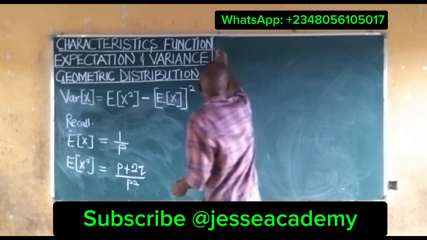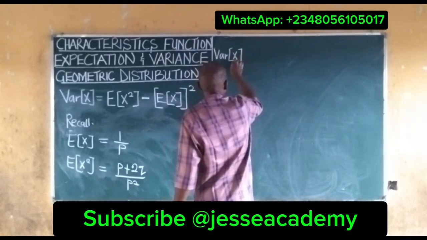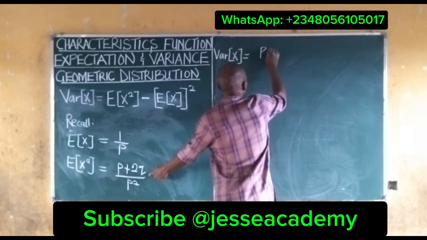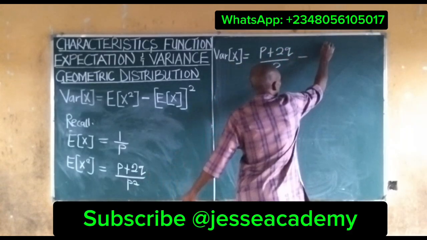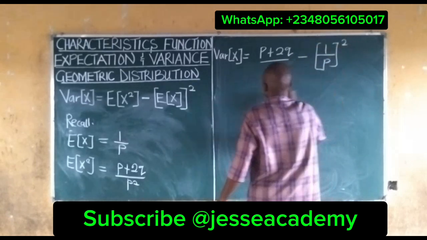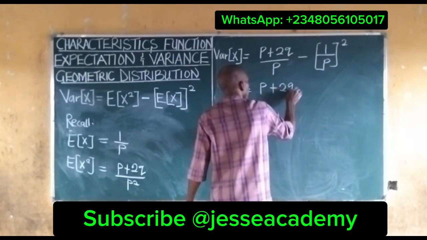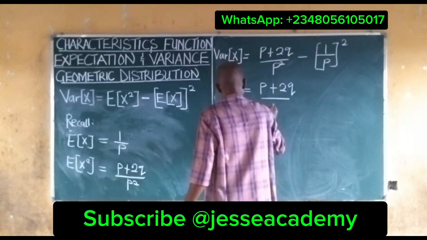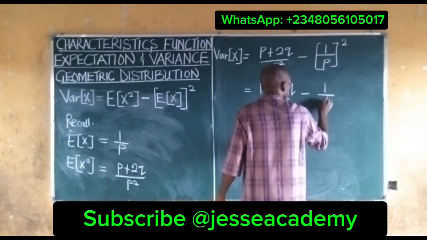So it then means that our variance of x is equal to, first, we write p plus 2q all over p squared minus 1 all over p, which is what we got for our expected value of x all squared, which is equal to p plus 2q all over p squared minus 1 all over p squared.